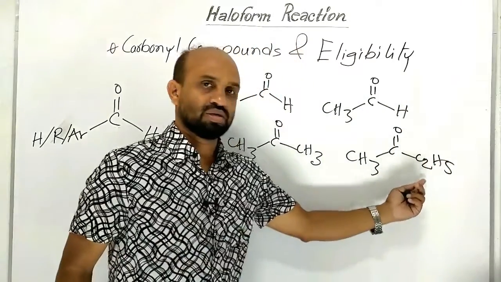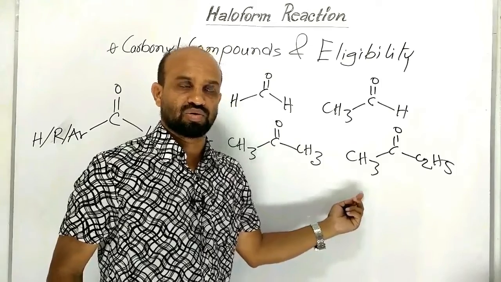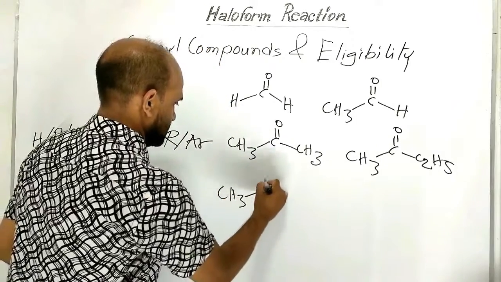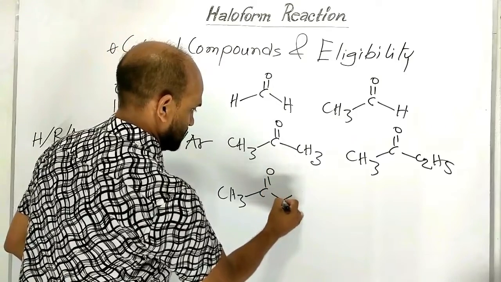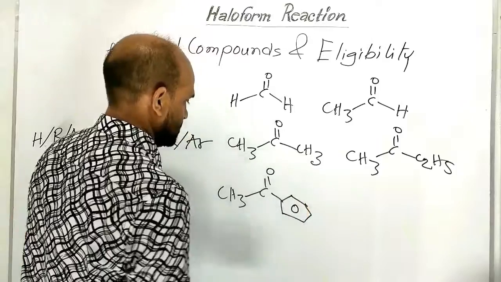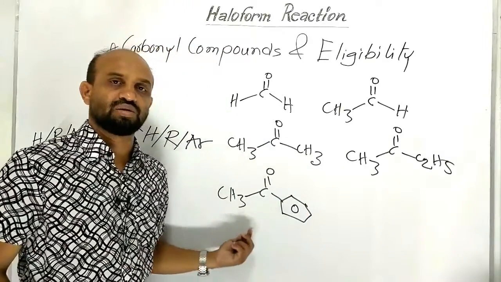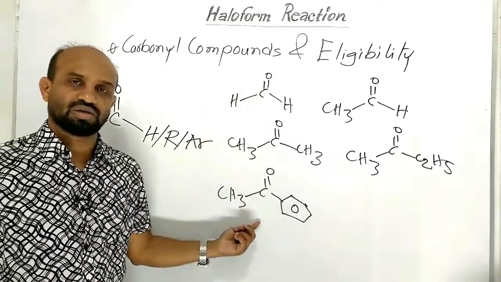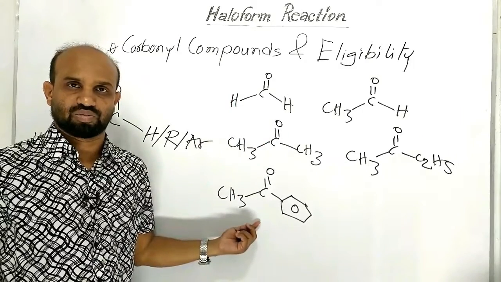This is ethyl methyl ketone. This is phenyl methyl ketone. These compounds are examples of carbonyl compounds.